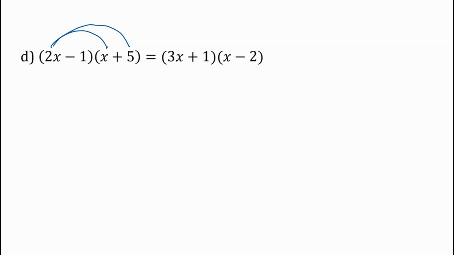So I get 2x squared plus 10x. Then I do negative 1 times x and negative 1 times 5, minus x minus 5. And those two middle terms are going to add together, and I get 2x squared plus 9x minus 5.